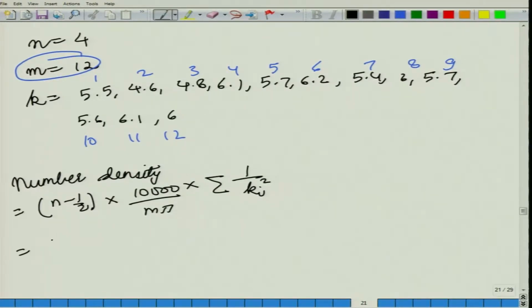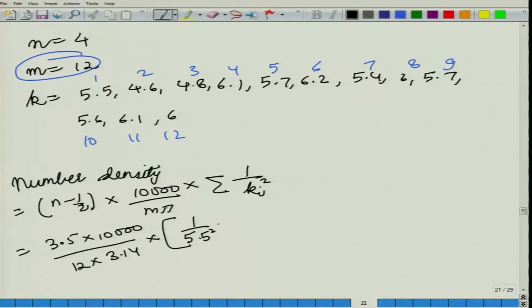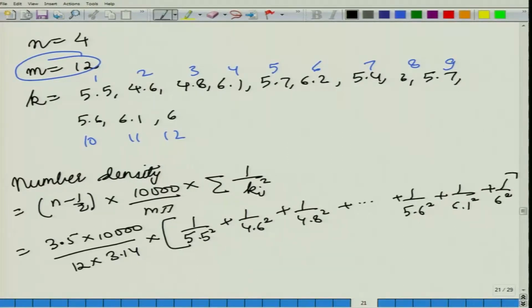So 4 minus half is 3.5, into 10,000 divided by m, here 12, into 3.14, into 1 over 5.5 square plus 1 over 4.6 square plus 1 over 4.8 square plus so on, till 1 over 5.6 square plus 1 over 6.1 square plus 1 over 6 square.